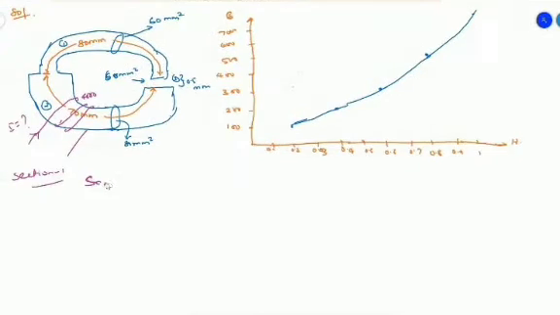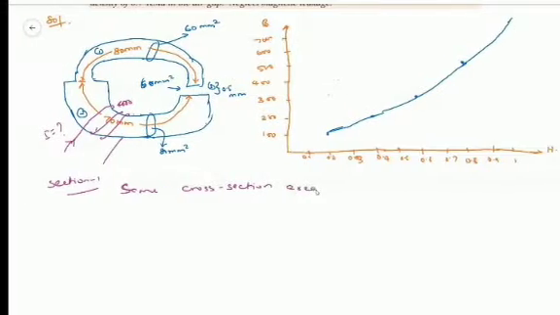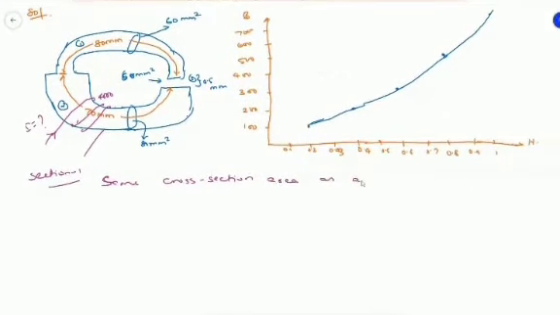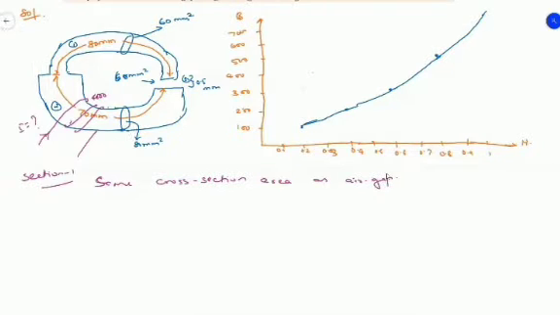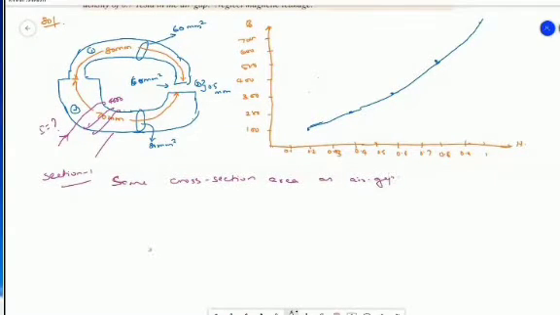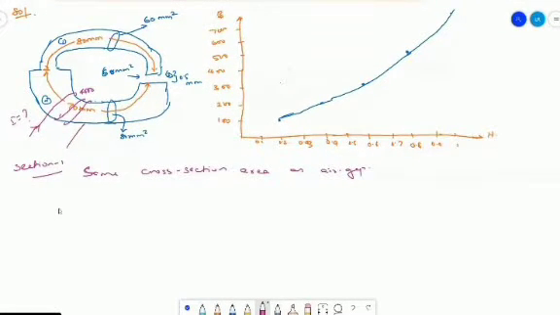So we know that flux density B is equal to phi by A. Okay.